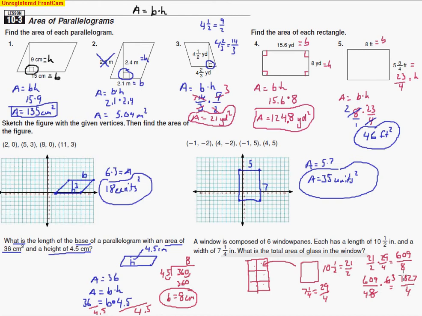So 1827 divided by 4 gives me 456, and 3/4 is what's left over. And these are inches squared. So that's the area of the entire window.